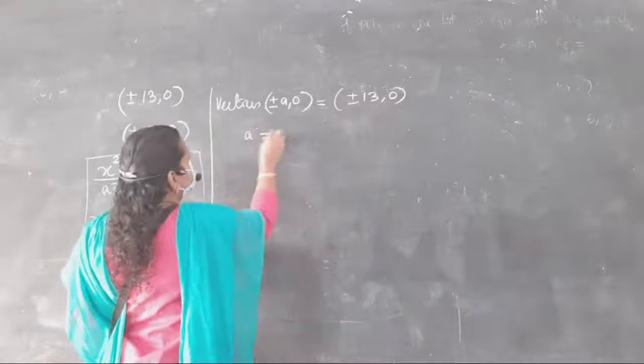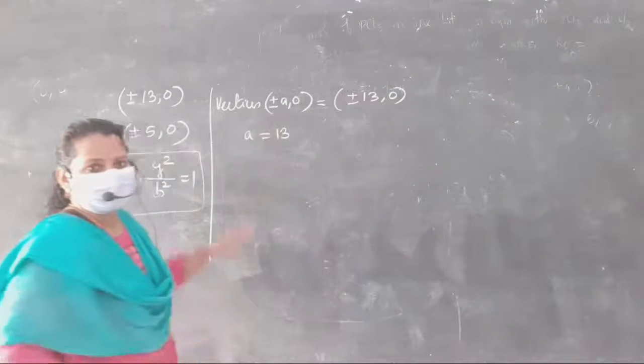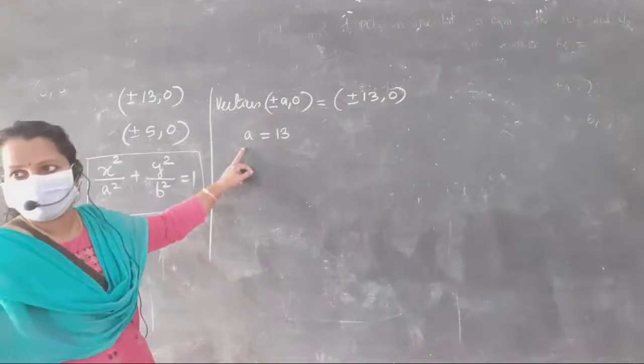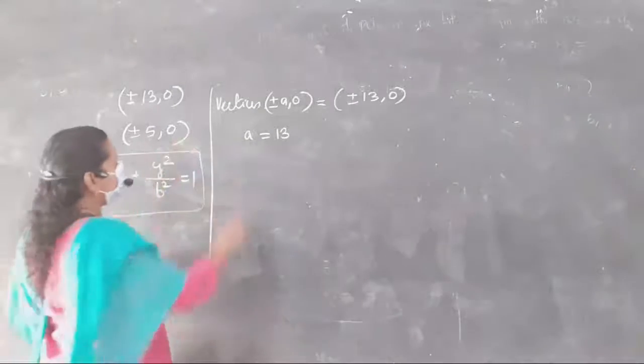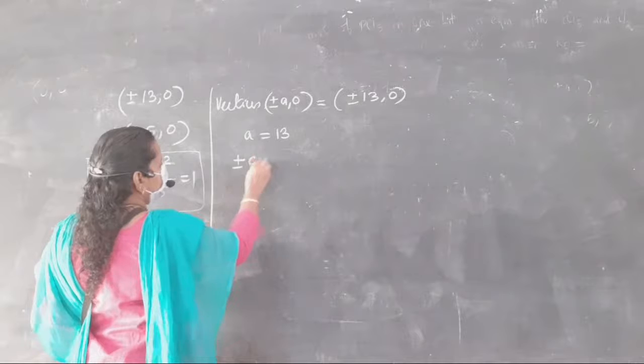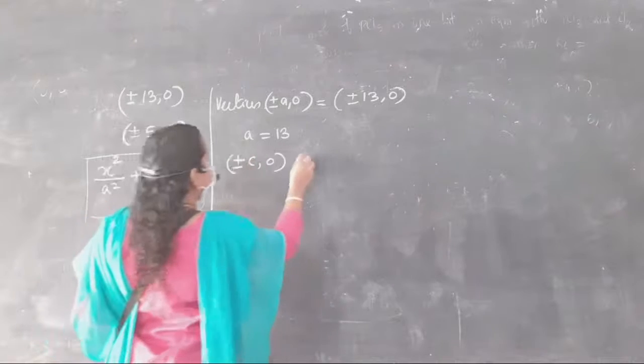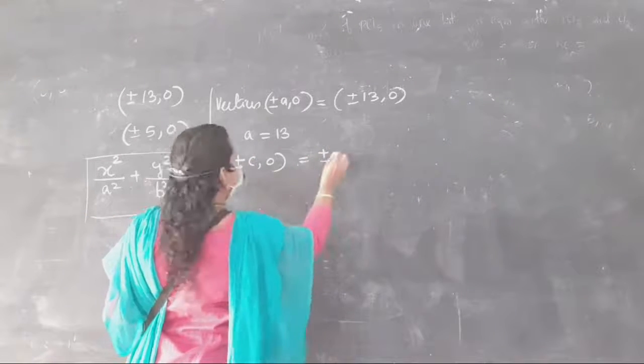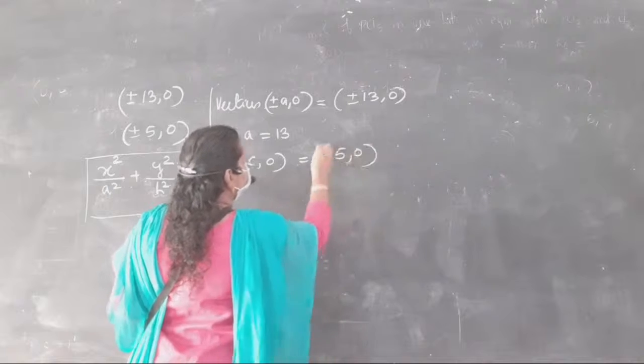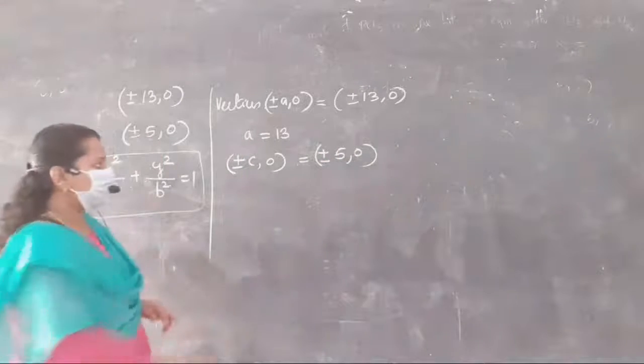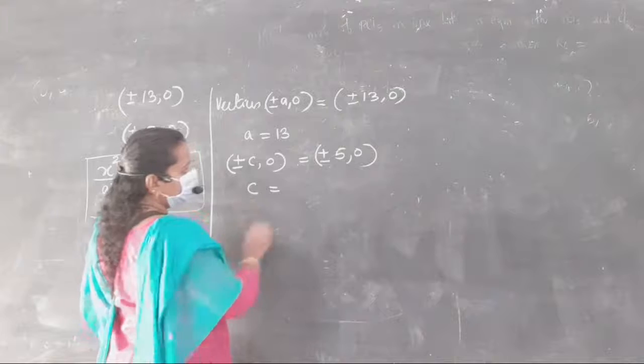That is a equal to 13. Then foci തന്നിട്ടുണ്ട്. What is foci? Plus or minus c, 0 equal to plus or minus 5, 0. Then c equal to 5.